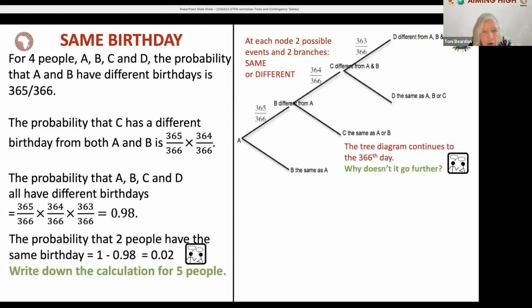So I want you to write down the calculation for 5 people. And now imagine this tree diagram going on. What would happen for the people, let's say the people are called A, B, C, D, E? What happens for 5 people?